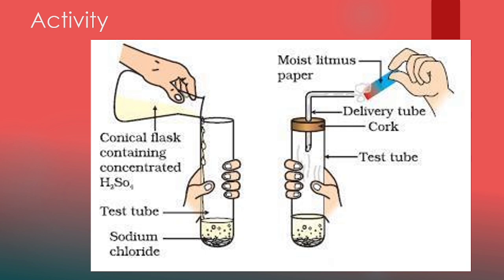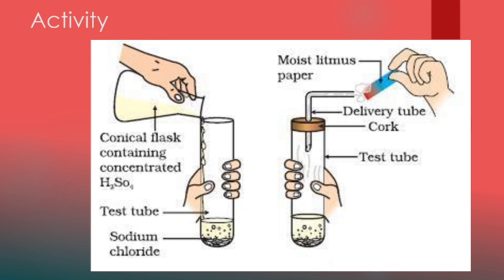In this activity, we have to take about 1 gram of solid sodium chloride, that is NaCl, in a clean and dry boiling tube. And we have to add some sulfuric acid to it very carefully, because you have to be very careful when you are handling strong acids, because acids are corrosive in nature, they can harm you, right?